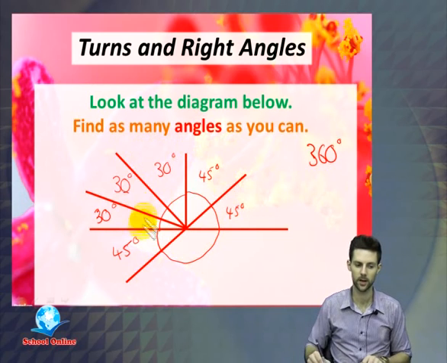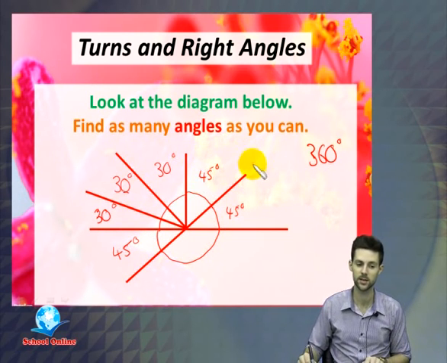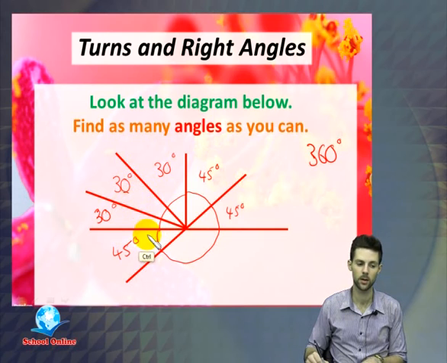So, we have 45 degrees plus 45 degrees, 90 degrees. 90 plus 30 equals 120, plus another 30, 150, plus another 30, 180, plus 45 equals what? 225 degrees.